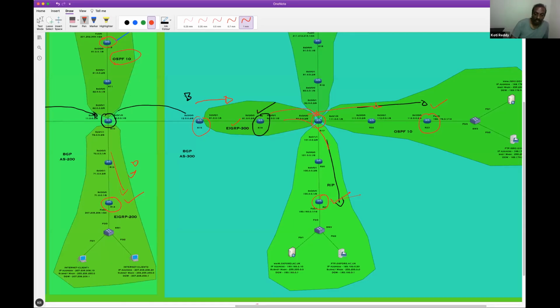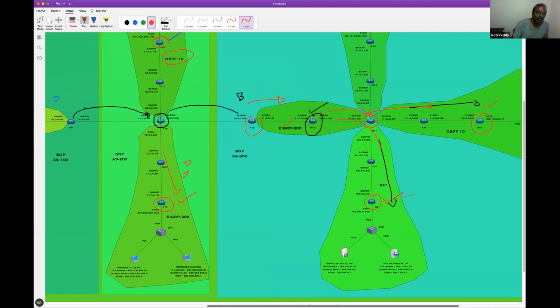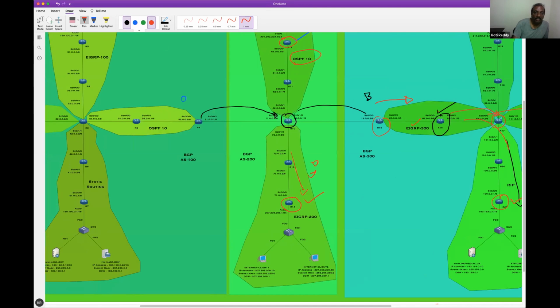So what did I do? Let's have a look at it again. These routes have come till the border of ISP1. They all have come till ISP1 here. Okay, let me remove all this.